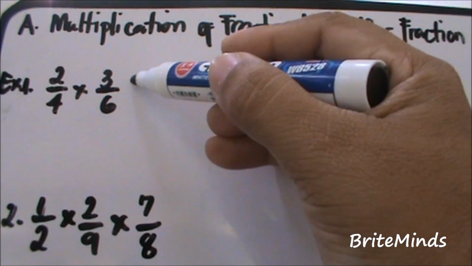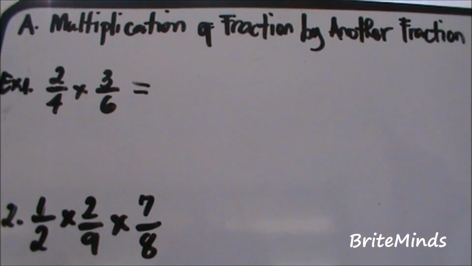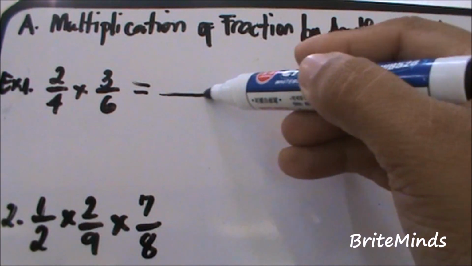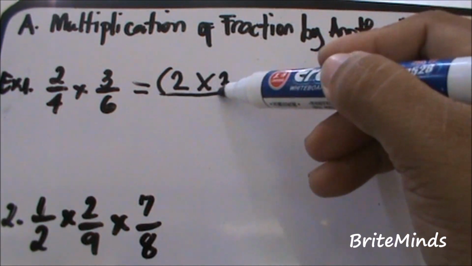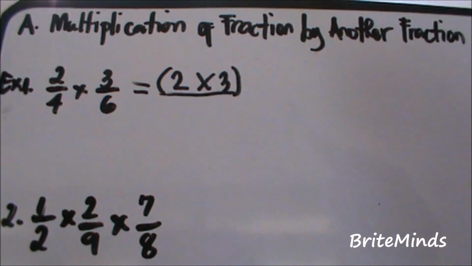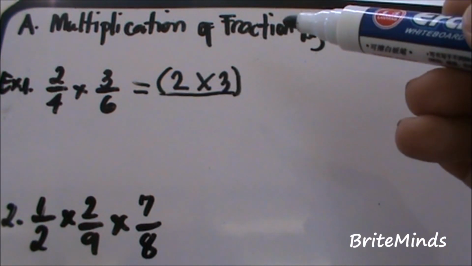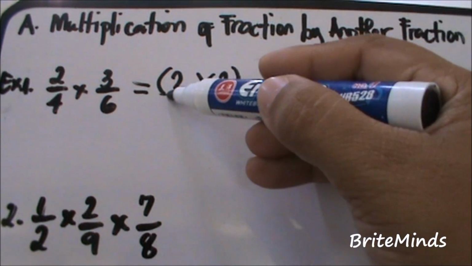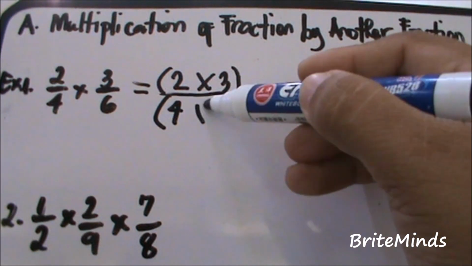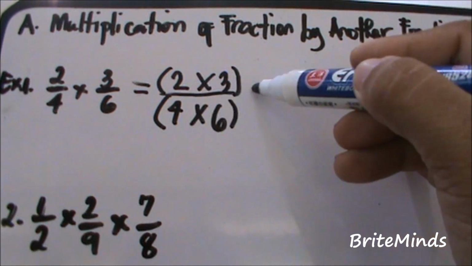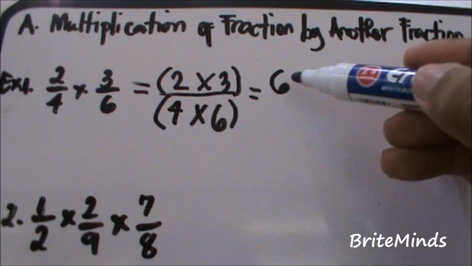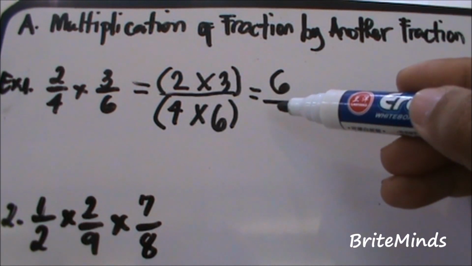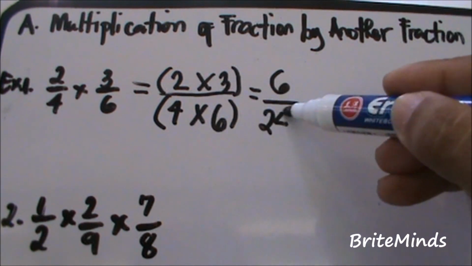So first thing we need to do is to multiply the numerators. So 2 times 3, and then also multiply the denominators. 4 times 6. Equals 6 over 24, since 2 times 3 is 6 and 4 times 6 is 24.